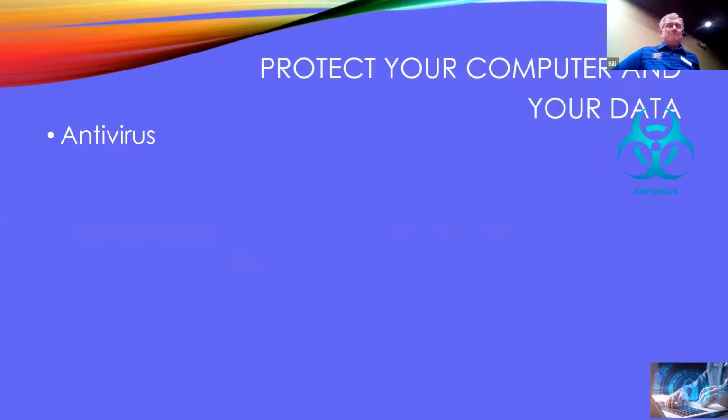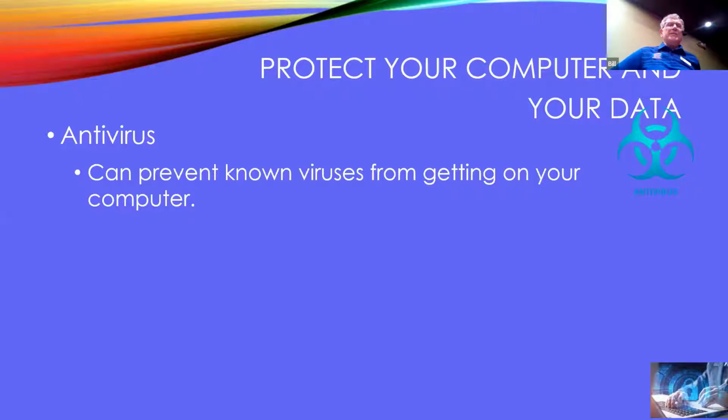Okay? How can you protect your computer? Antivirus programs can prevent known viruses from getting onto your computer. And I should explain something here. Antivirus program is the white hats. The black hat guys are developing ways to get through.